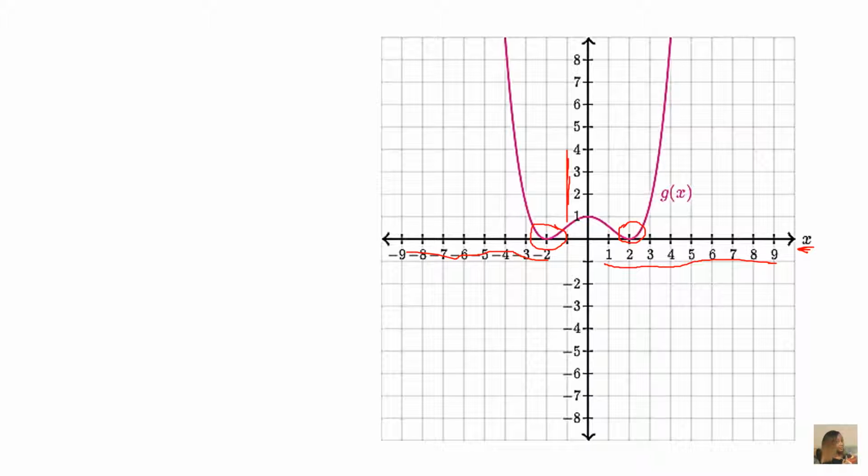So minimums as well as maximums are always said to occur at some specific y value or dependent variable or f of x value.